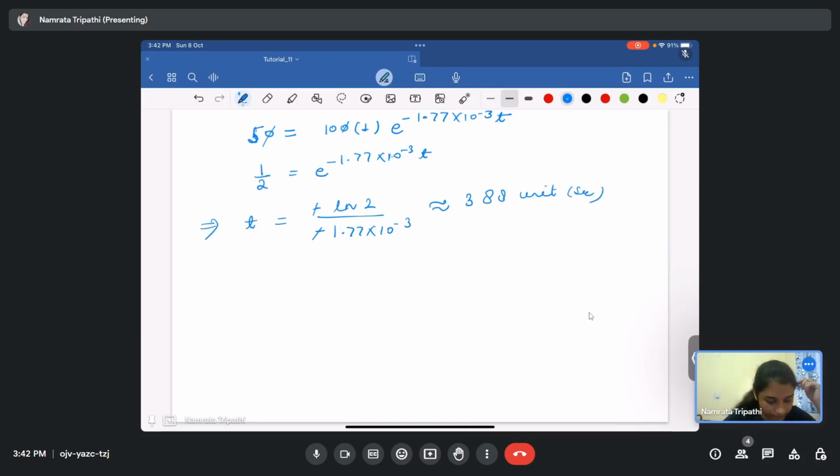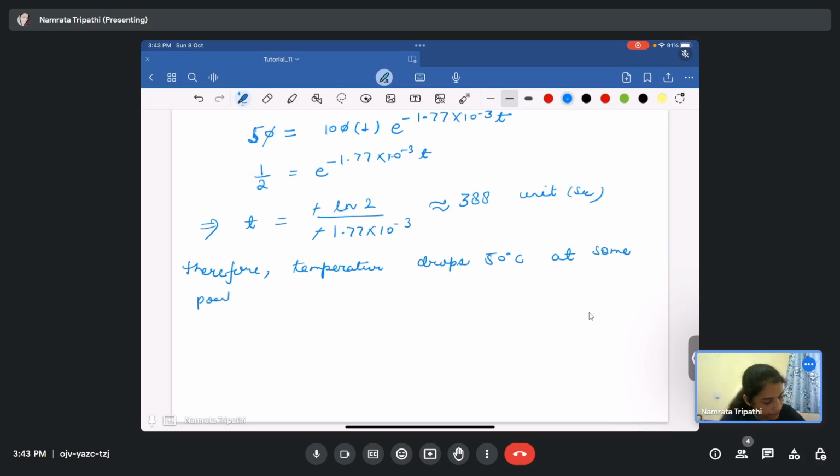Is there any doubt? So we can write, therefore the temperature drops 50 degrees Celsius at some point after 388 seconds.